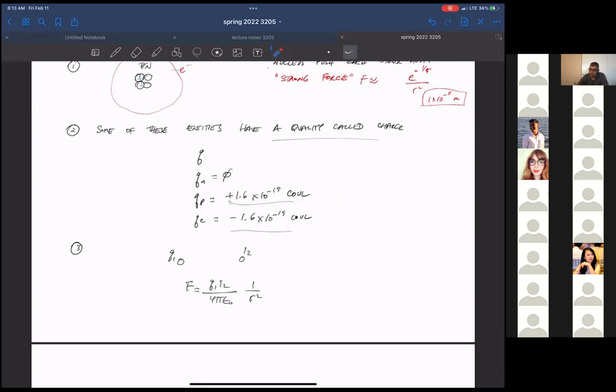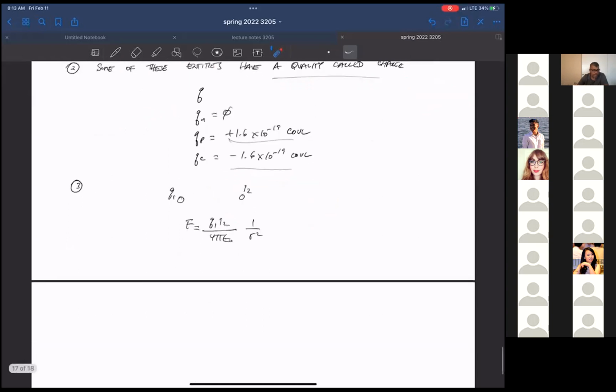So every real charge in the world is made out of a multiple of 1.6 times 10 to the minus 19, positive or negative. Okay. And again, if you've got two particles that have this quality called charge, then this is the force between them.